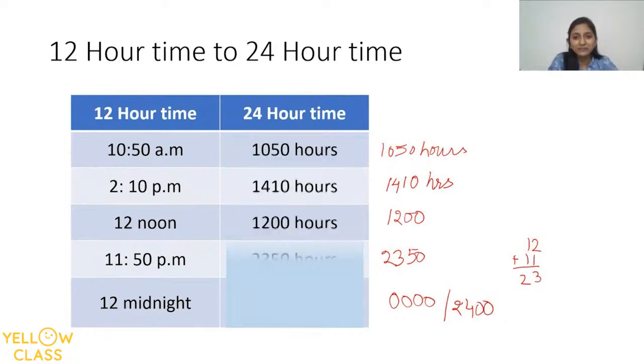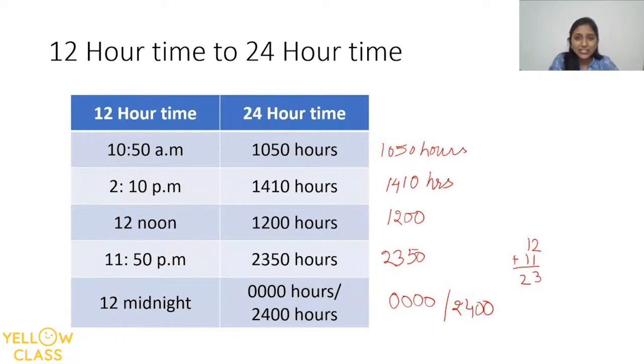Yes, let's check it. Understood? Easy. So basically, children, for AM, it is very, very easy. Just write the same numbers. For PM, only the hour is going to change. And only for 12 midnight and 12 noon, we should be a little cautious.